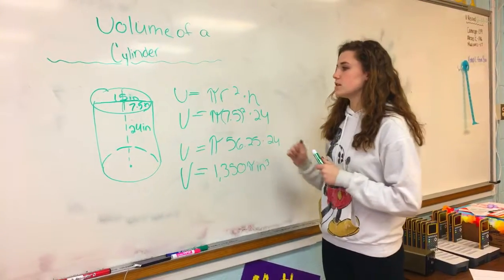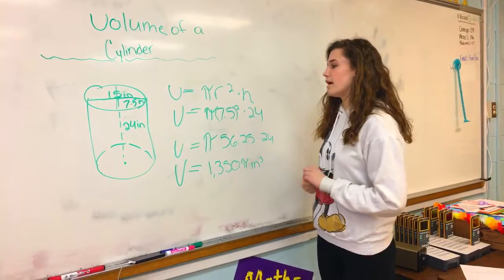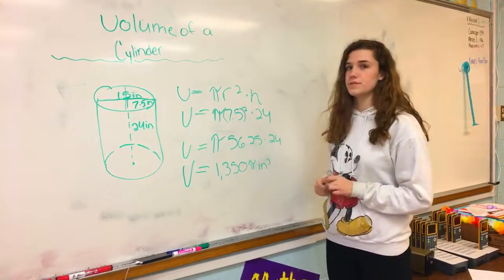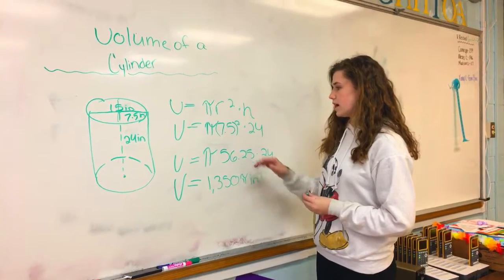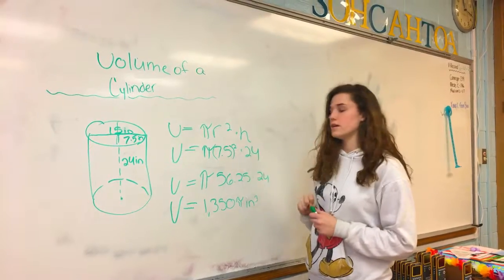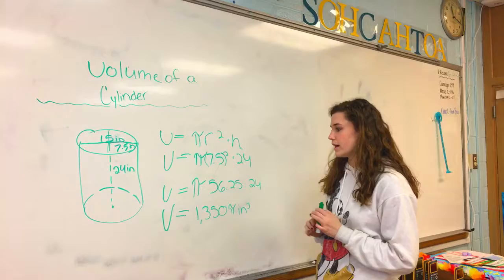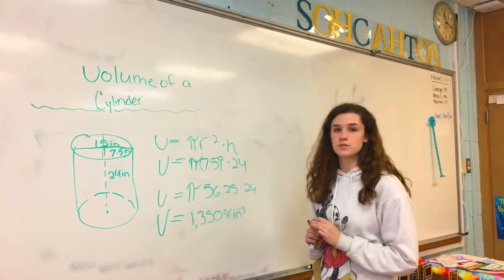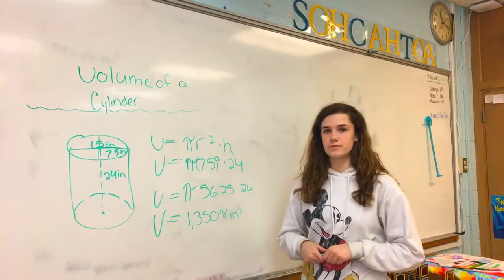You will substitute 7.5 in for the r and 24 in for the h to get pi 7.5 squared times 24. In the next step, you will square 7.5 and get 56.25. Then you will multiply 56.25 times 24 to get your total of 1,350 pi inches cubed.